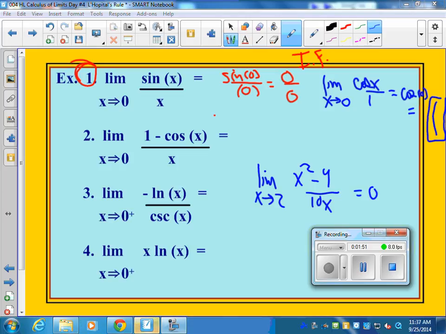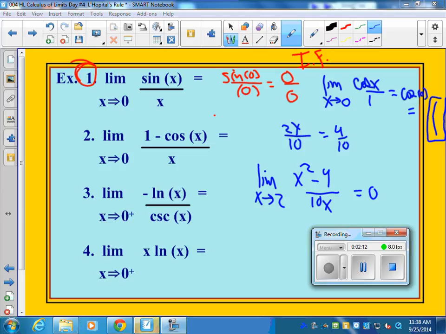But let's do this with L'Hopital's rule. 2x over 10, I put in a 2 here, it looks like 4/10. What happened there that I get a totally different answer? Why did I get a totally different answer compared to when I did it the L'Hopital's method?